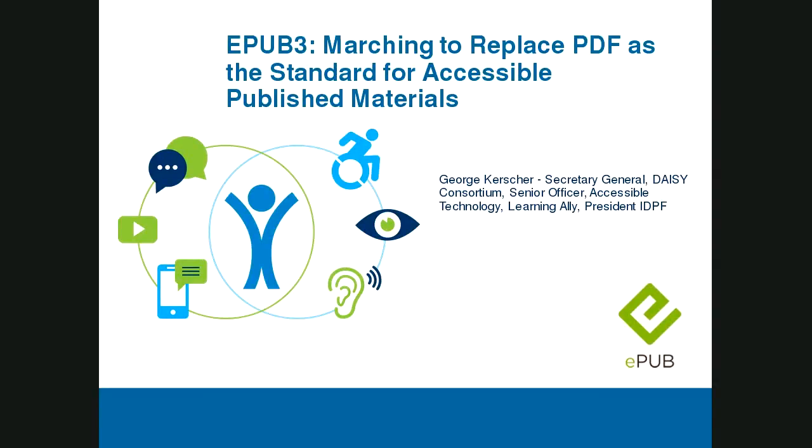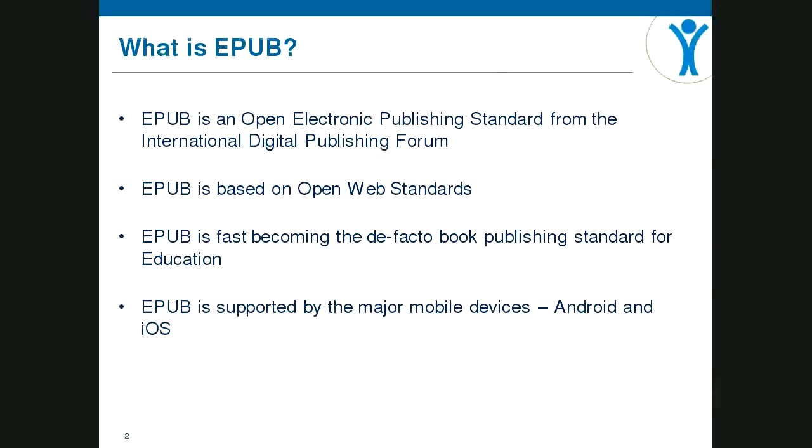So let's go to the next slide. EPUB is, and I always like to start telling people that EPUB, the extension .epub, if you rename it to .zip, you can just use unzip to look at all the files in there, and you'll see HTML and CSS and images and all the things that the publisher put into the package.